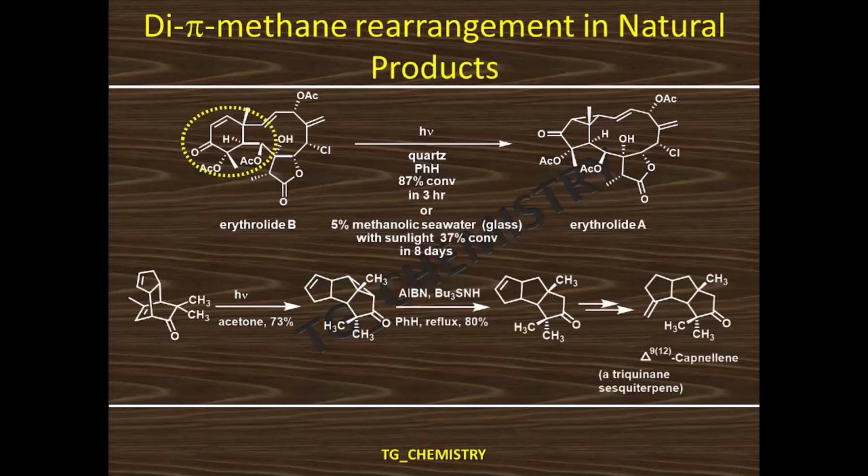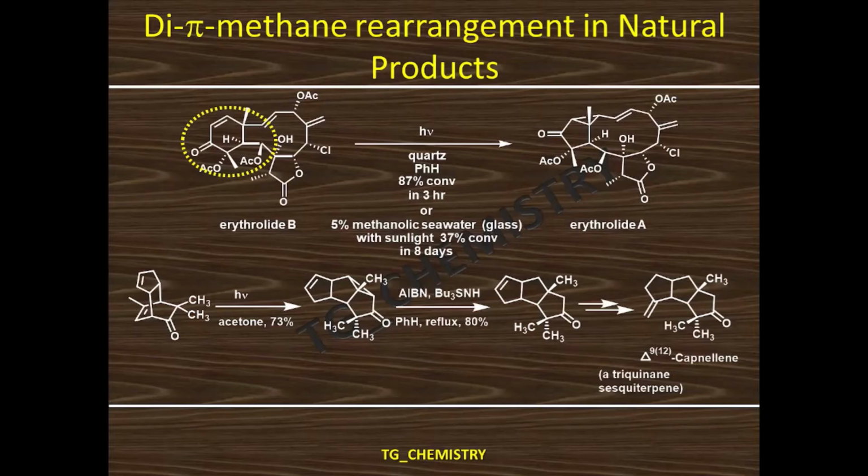There is another reaction here where you can see the bicyclic system on the left-hand side as the substrate. Upon photochemical irradiation in presence of acetone sensitizer, it will go through the di-pi-methane rearrangement reaction and form the cyclopropane ring, as you can see, which then undergoes another radical reaction in presence of AIBN, which is a radical initiator, and tributyltin hydride in benzene solvent.